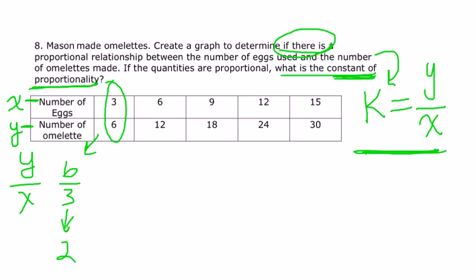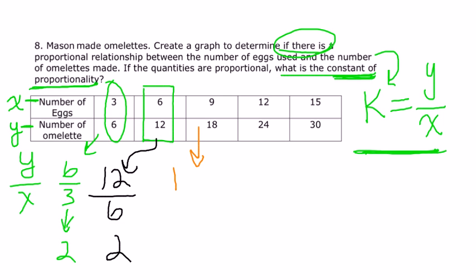2. Let's take a look at our second one here. This is 12 and 6, so 12 goes in my y, and 6 is in my denominator. 12 divided by 6 is 2. Let's look at this one right here.